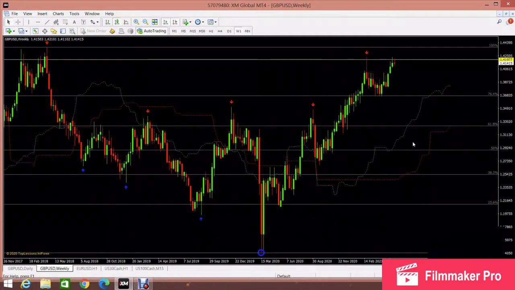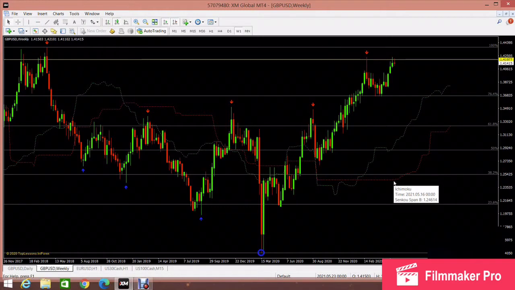Before it can break this cloud, it will need to consolidate, consolidate, consolidate, then impulse, impulse, impulse, consolidate, impulse before it breaks, and then we'll start looking for long-term selling options. But for as long as we are above this cloud on the weekly and on the daily, we're mostly looking for buying options. So every selling trade that you take is just scalping.